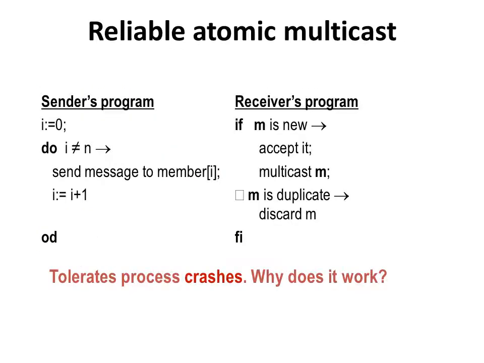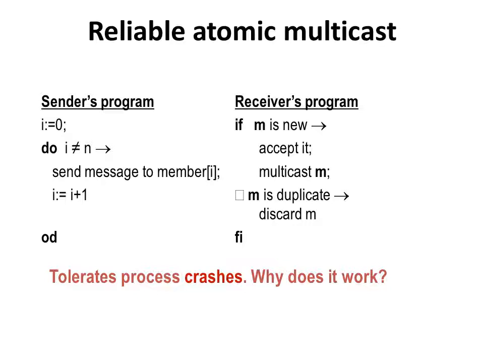All right, so you need to know how a regular atomic multicast works. You do not need to remember this code, but you do need to know how it works, and you should be able to explain in simple words, right?